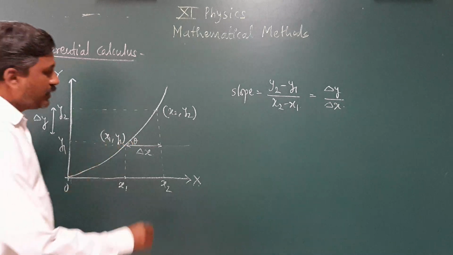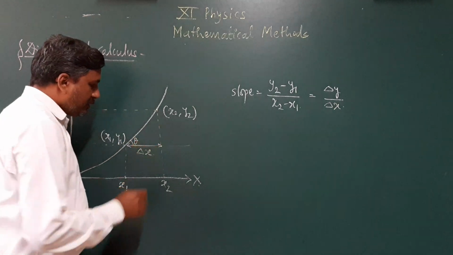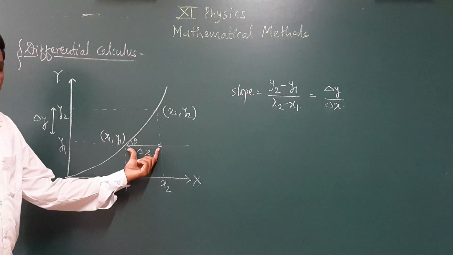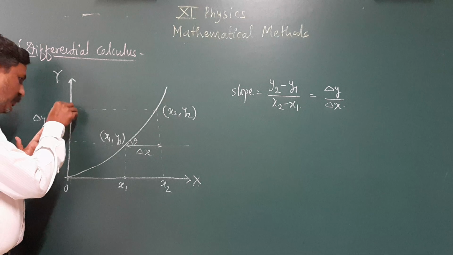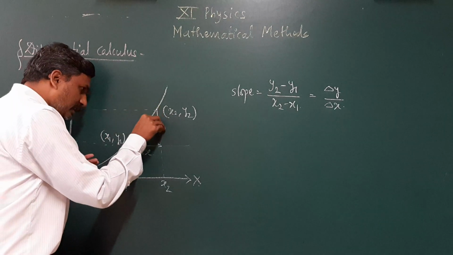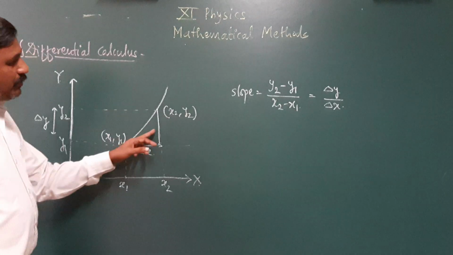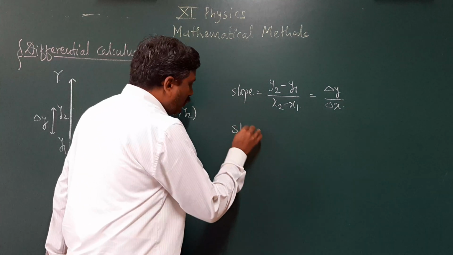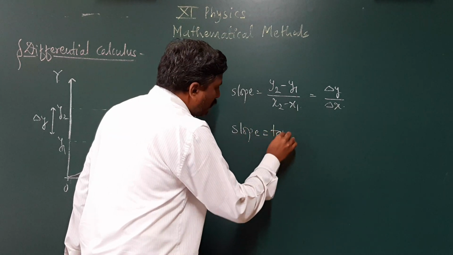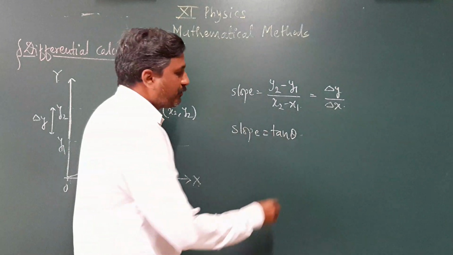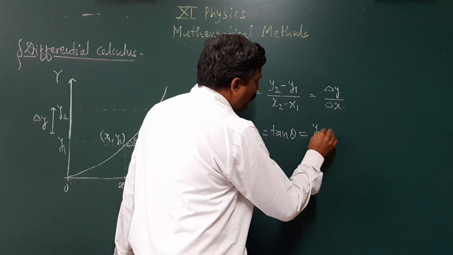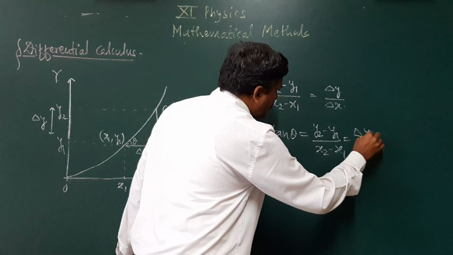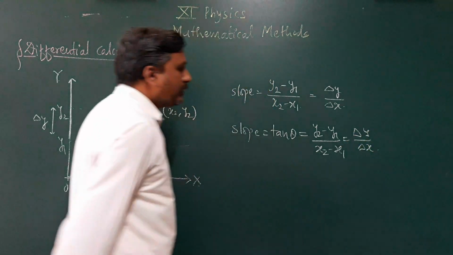Then slope equals opposite divided by adjacent side, because this line is parallel to the y-axis. So the slope is nothing but a trigonometric function, tan of theta, equals y2 minus y1 upon x2 minus x1, or delta y divided by delta x.